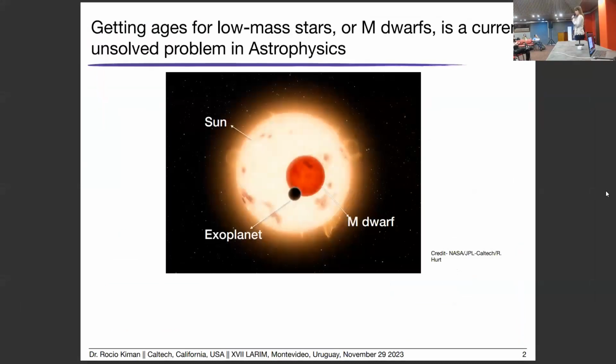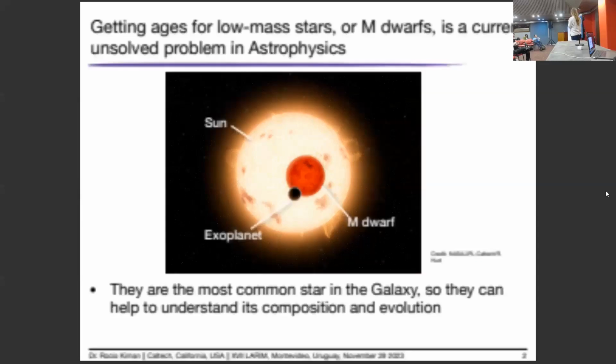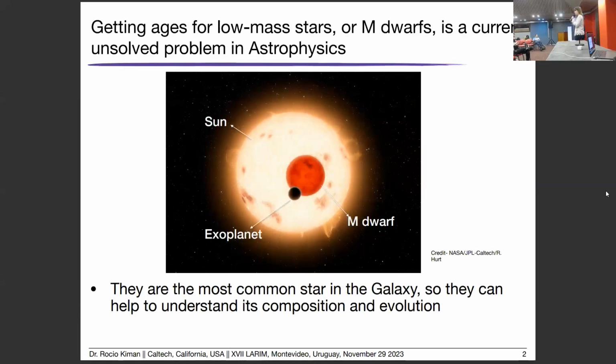So I'm going to put this project in context of what I in general do, that is studying ages of low mass stars. And this particular topic is very important because, first, M dwarfs or low mass stars, by the way, I'm going to use these two terms interchangeably during this talk. They are the most common star in the galaxy, so they can help us understand the evolution and the composition of the galaxy.